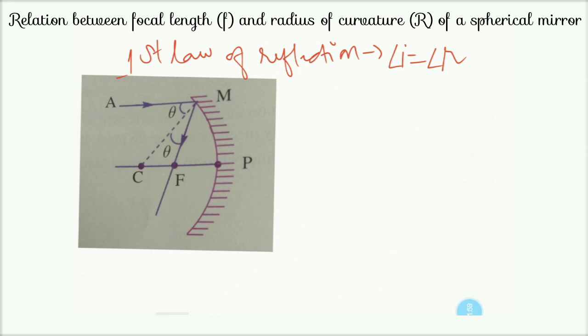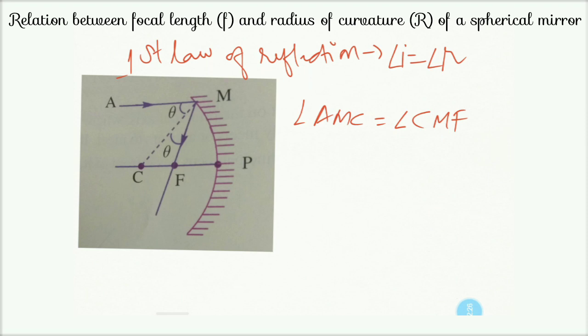By that we can say these two angles are equal, because this is the angle of incidence and this is the angle of reflection. So angle AMC is equal to angle CMF, right? This is from the first law of reflection, let it be theta.